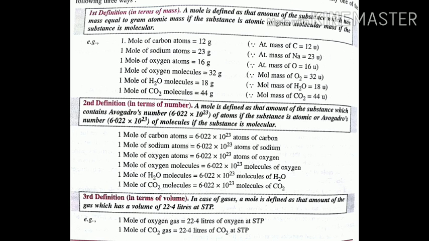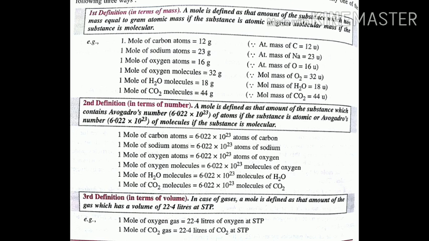Sodium has atomic mass 23, so 23 gram of sodium is equal to 1 mole. The difference is that atomic mass is taken in terms of atomic mass unit, but for mole we have to take the same mass in terms of gram.